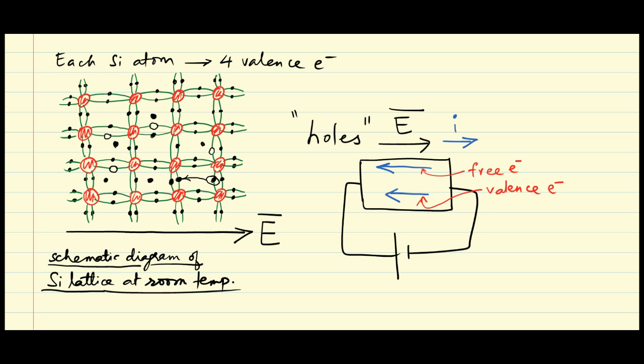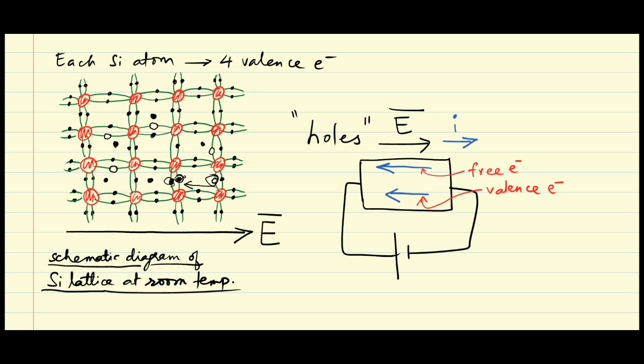That's very important to understand. If a valence electron moves into a hole, then the hole moves into the old position of the valence electron. It moves in the opposite direction. So you can see that the hole has moved from this position to this position to this position, and the valence electrons are basically moving from right to left.